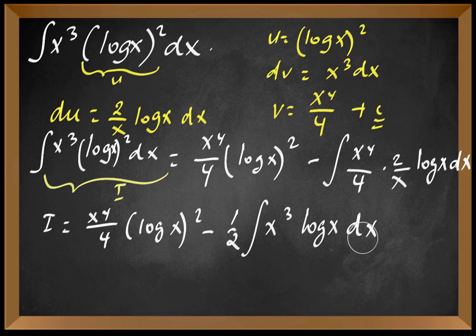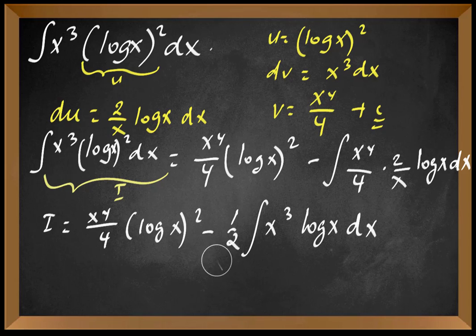If you notice here, the log of x is the complicated part, so we have to make sure that we can take the derivative of that. If not, getting the antiderivative will be a problem.